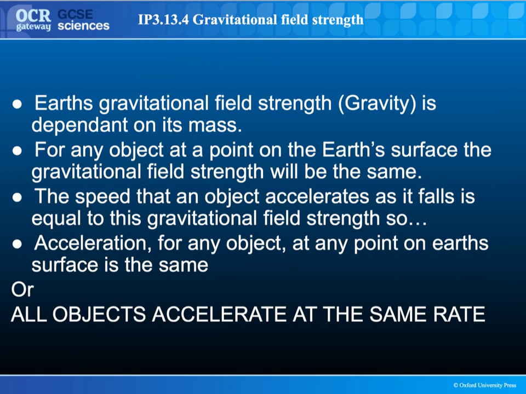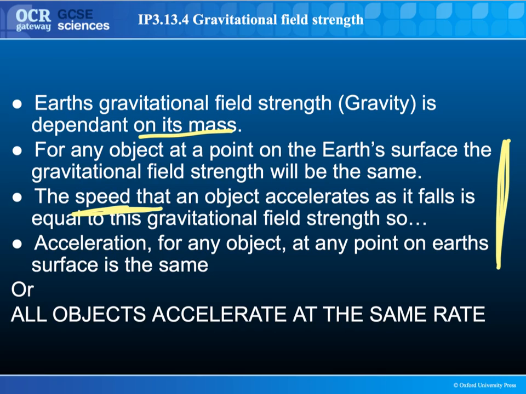Right, so the gravity on a planet like Earth is dependent on the mass of the body, of the planet that we're talking about. At any point on Earth, the gravity is roughly the same. We can assume it's the same. So because of this, the speed that an object accelerates to as it falls is equal to the gravity.